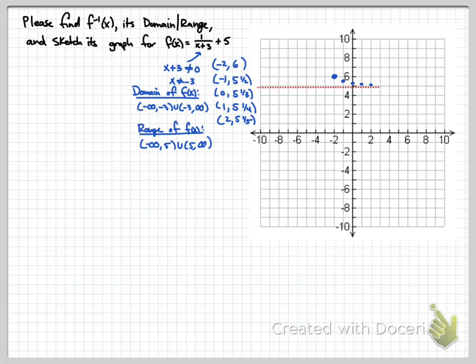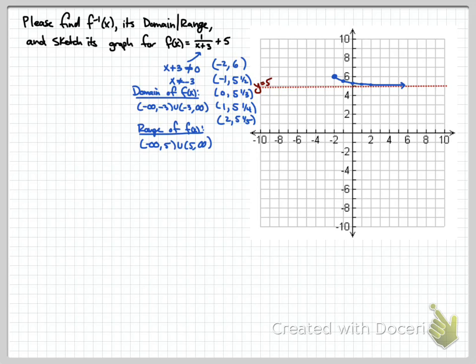I'm going to go ahead and draw that. Here is our horizontal asymptote, right at y equals 5. I'm not sure what else happens with our graph, but I know that our graph is going to get real close to it, but never actually touch it.